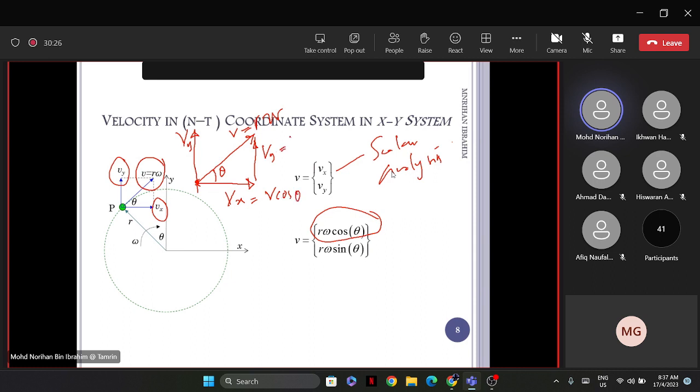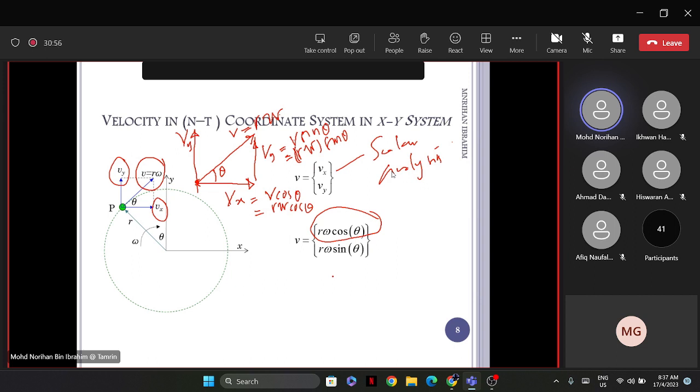Vy is equal to V sin theta. And V itself is equal to R omega. That's why we got this R omega cos, R omega sin. So V is R omega. Therefore, Vx is R omega cos theta. Similarly, Vy is equal to R omega sin theta.